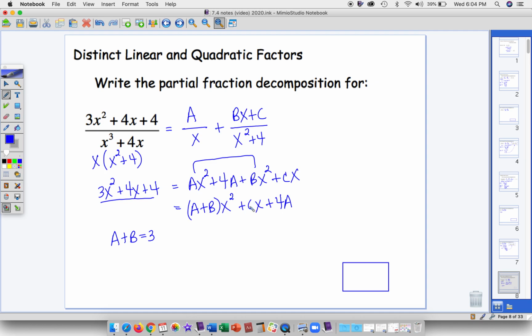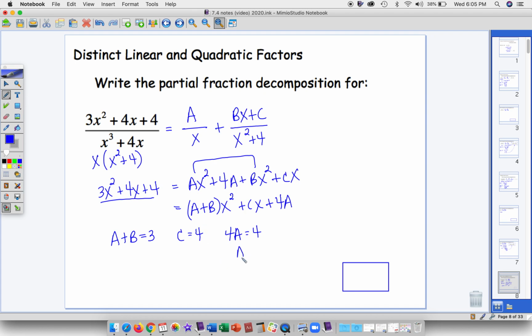Right off the bat, I know c, right? C is the only linear term here, so c is equal to 4. And I only have one constant, so I know 4a is equal to 4. So again, these equations just come from comparing the coefficients on the left and the right.